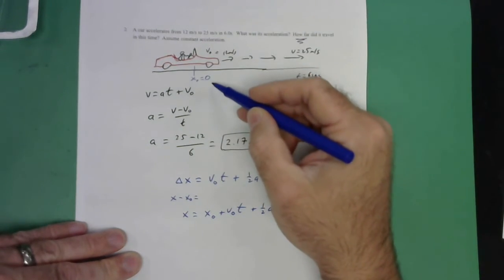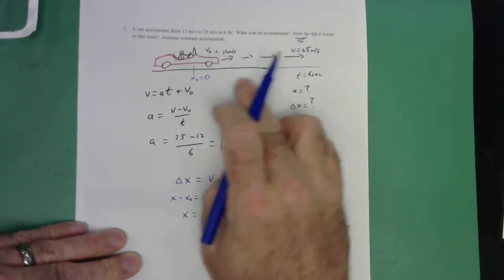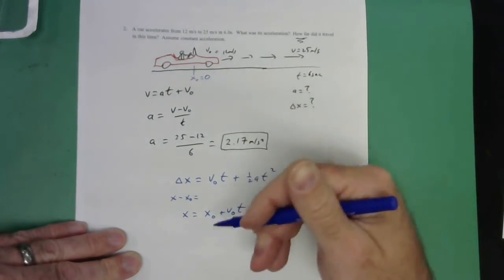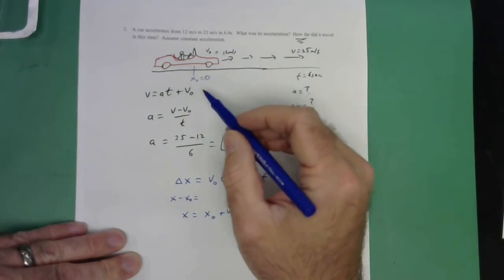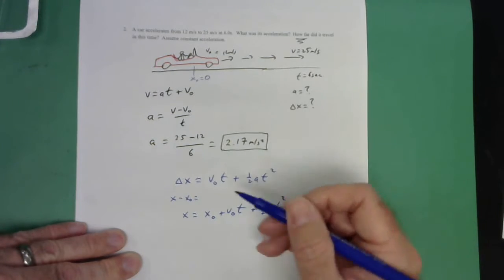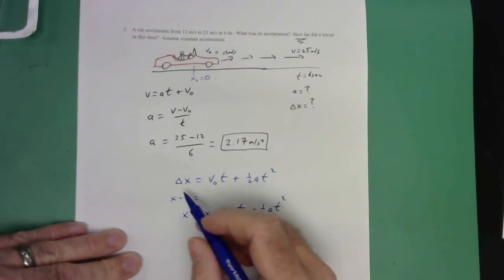Well, if he starts at 0, then this term just drops out, right? And my final position is the same thing as my displacement. So if I start at 0 and I end at, well, we're going to calculate it out in a minute, just say we ended at 200 meters, then the displacement is 200 and the final position is 200 because the initial was 0. It's just going to drop out. So it just turns into being equivalent to that anyway, if we're starting from 0.